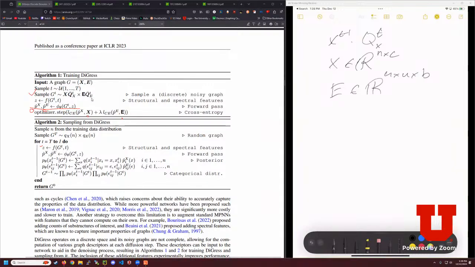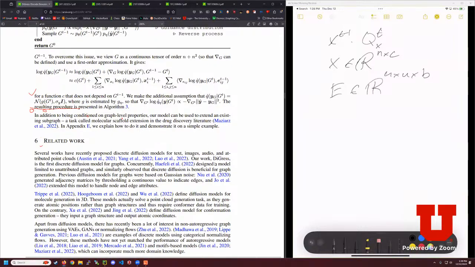And then what is phi theta? The phi theta is the neural network. They have a special attention-based neural network they've designed for this problem. And then I guess p hat x is the probability vector for every node type, right? Yeah. And p hat e is just the softmax vectors for all possible edge categories, right?